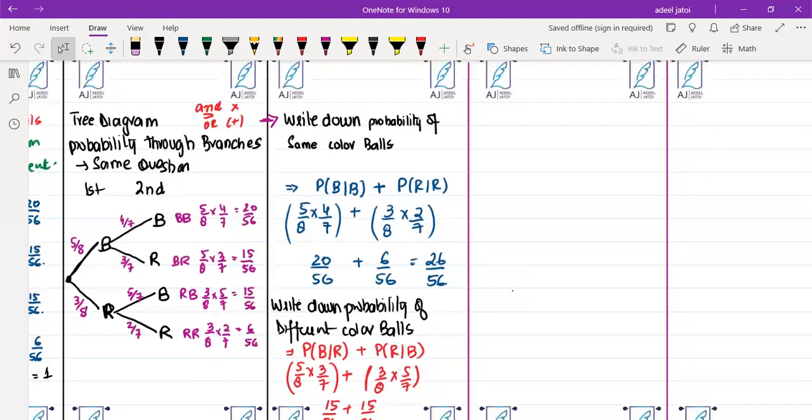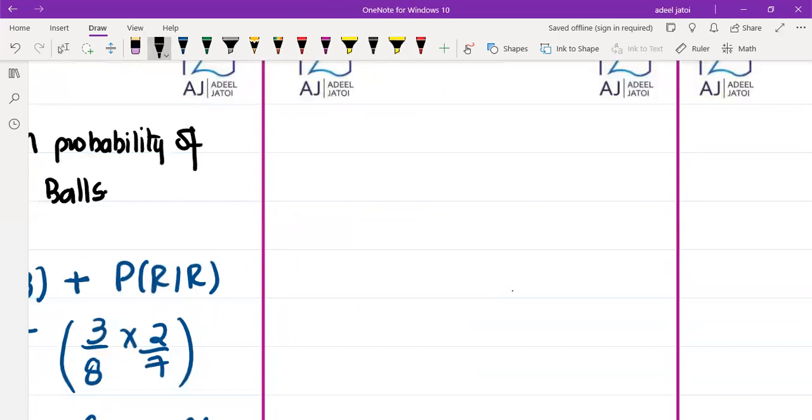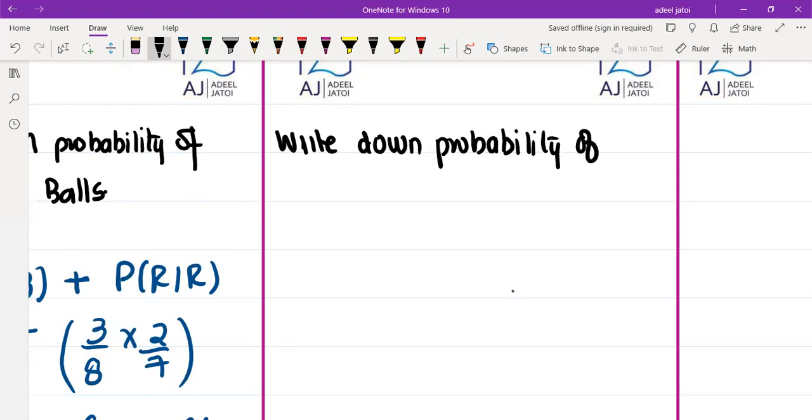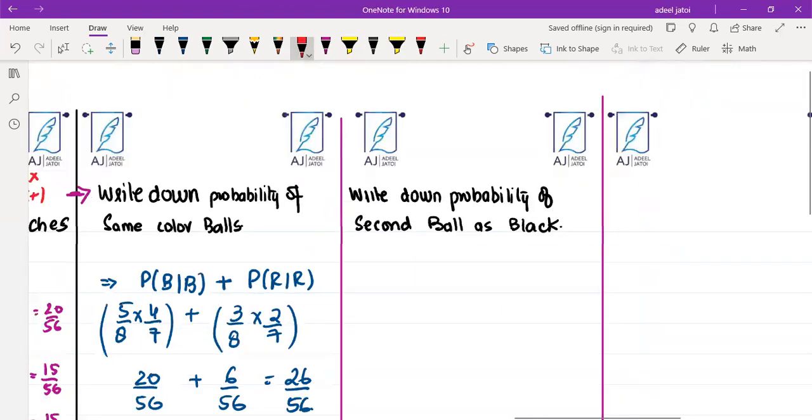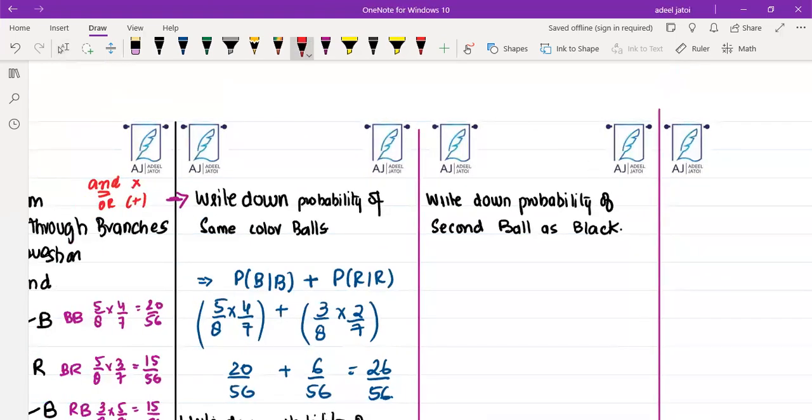The question can say, write down the probability of second ball as black. Now, the question here does not say anything about the first ball. The question only says the second ball is black.